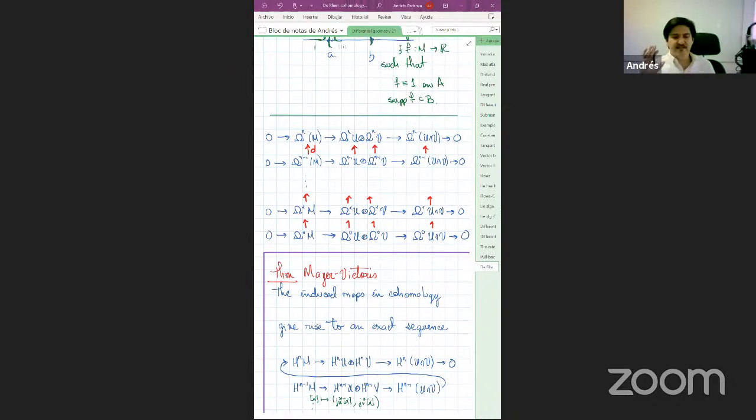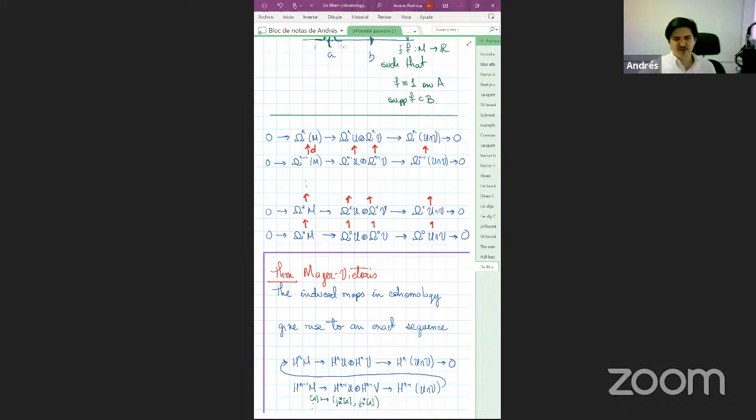Basically, the only thing that we need is, what I want to say, this is not something related to de Rham cohomology. It is related to having exact sequences like this, on the rows exact sequences, and you have a differential, the red map, that, remember, d squared is 0.